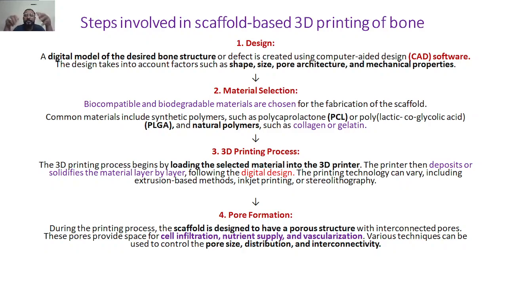These pores provide space for cell infiltration, nutrient supply and vascularization. Cell infiltration and nutrient supply we discussed; vascularization is the formation of blood vessels or tube-like structures. That is why we require them. Various techniques can be used here, and we can control pore size, distribution and interconnectivity.